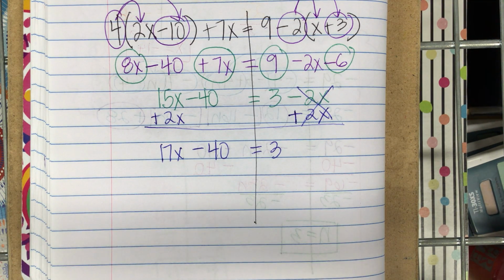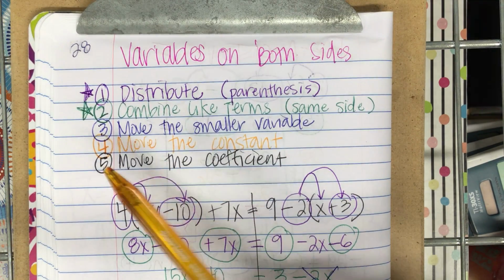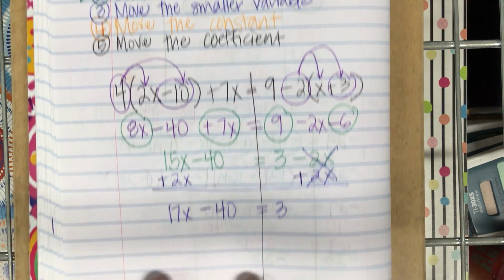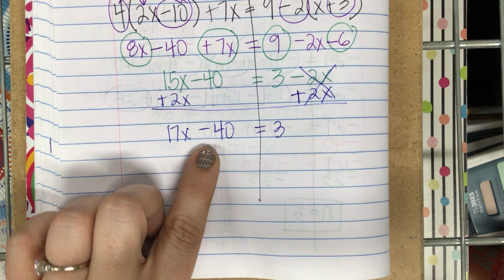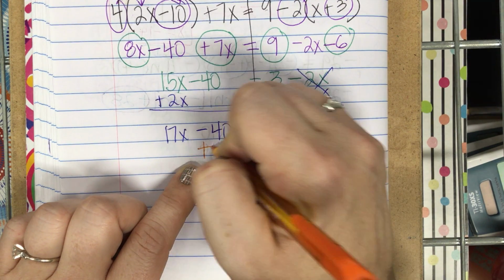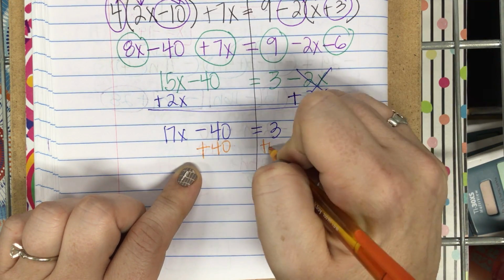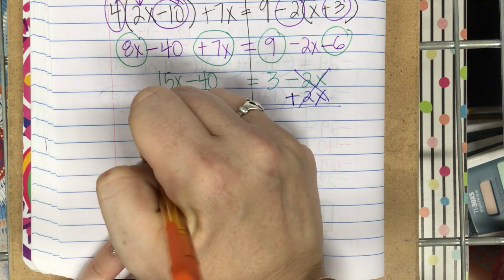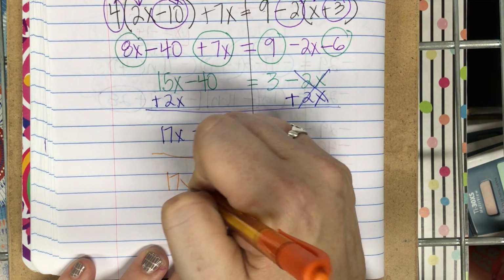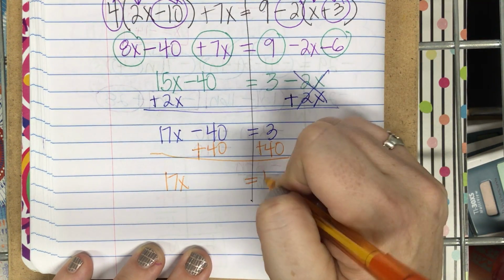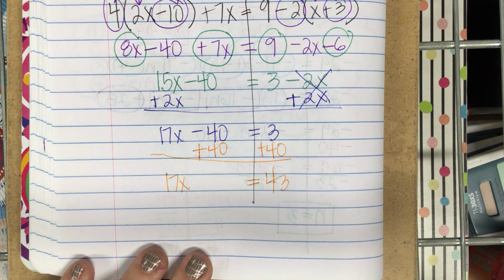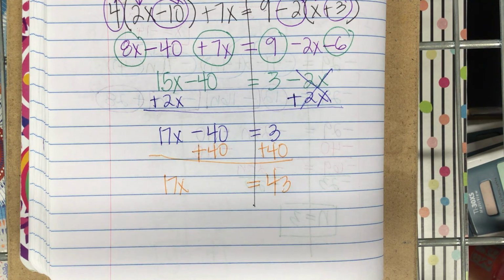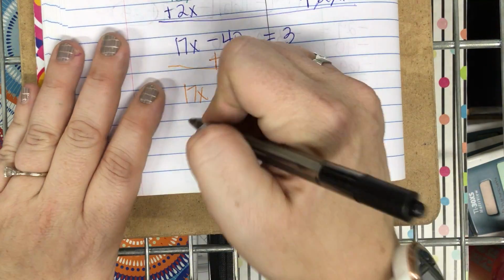Now you're right. It's a 2-step equation. I have a constant that I'm going to move. Minus 40 is my constant. So I'm going to plus 40. We're going to end up with a decimal. Sorry, guys. 17x equals 43. And then my last one is to move my coefficient.